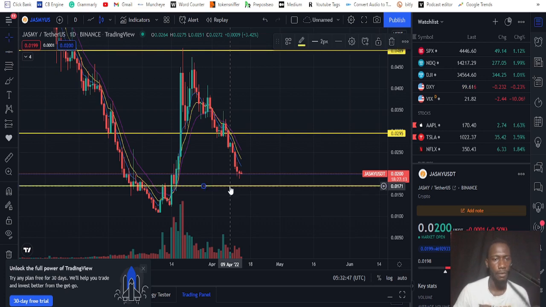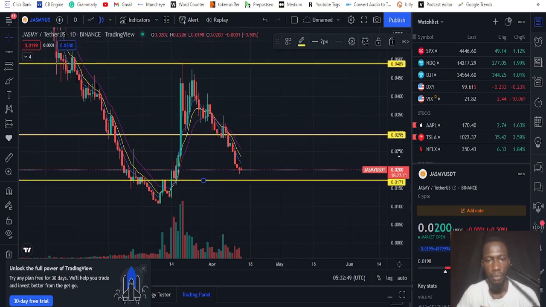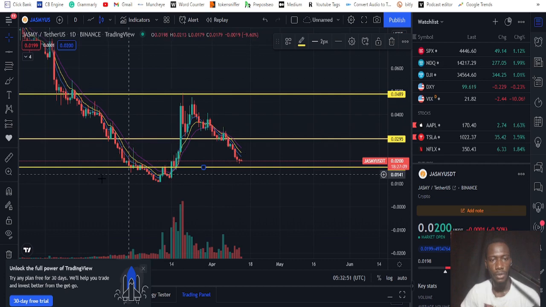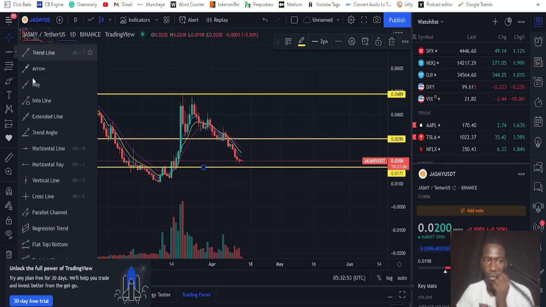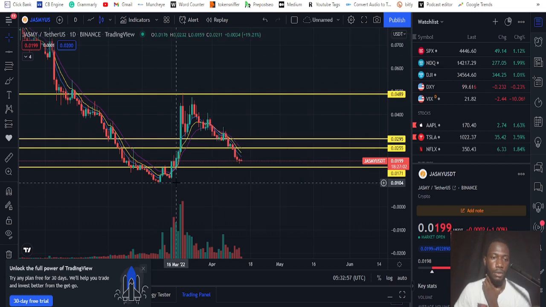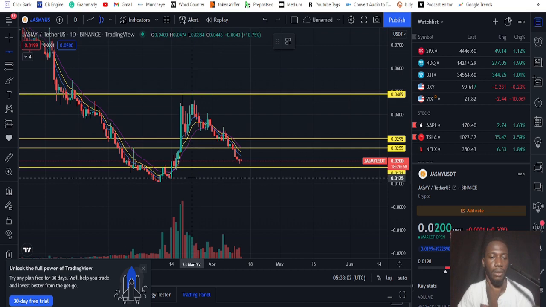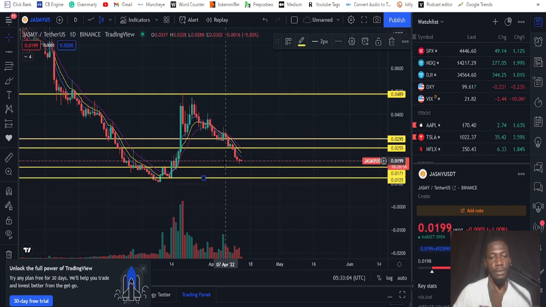In this game, it's better for you to be patient and watch until you get good signals before you jump into the market, because it is better for you to not enter the market than to enter the market and take a loss for not being patient. So I'm just going to mark these areas of support and see what plays out when we hit them.